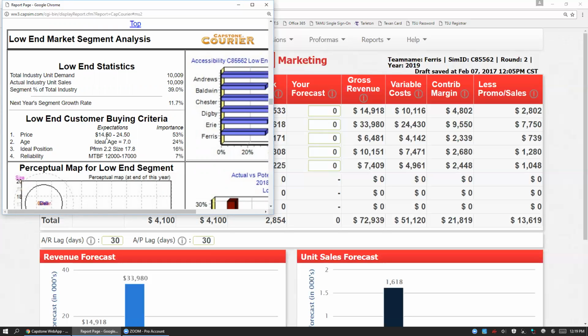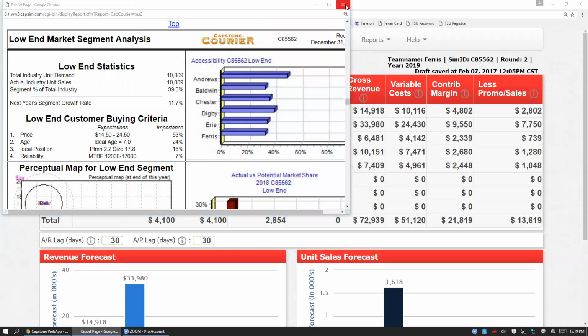Furthermore, although you're given a range, consumers prefer a price at the low end of the range. You need to bear in mind how important that is in their purchase decision and how important it is for you to fall in that range and where you want to fall in that range. It can have a rather dramatic impact on your sales in that segment.